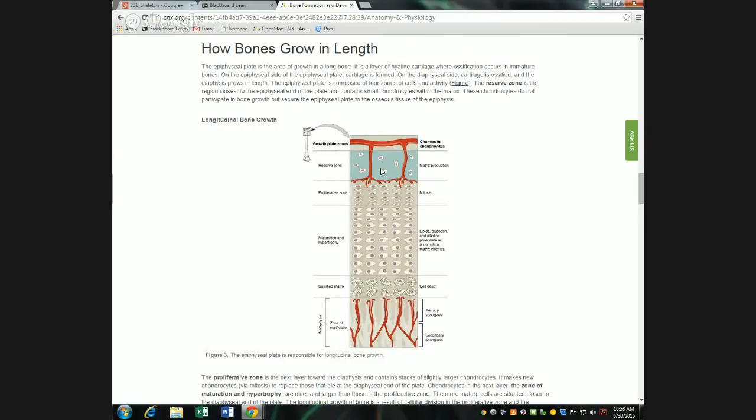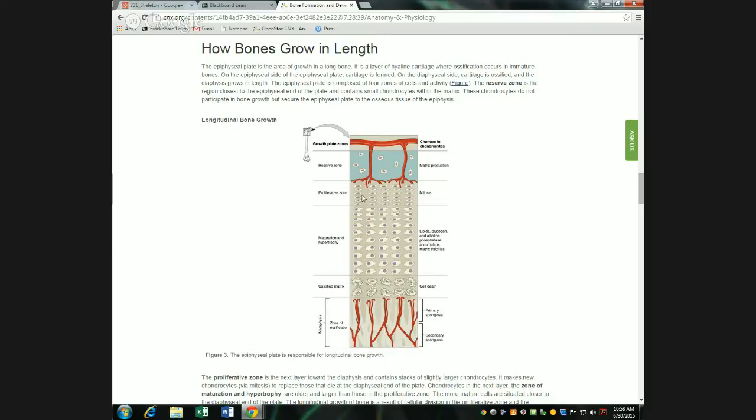There's the cartilage, which is at the epiphyseal plate. At the edge of that cartilage, there's a bunch of cell division taking place in what we would call the proliferative zone. Cells proliferate. After they divide and we get a lot of cells, they then start to grow larger in a separate region.